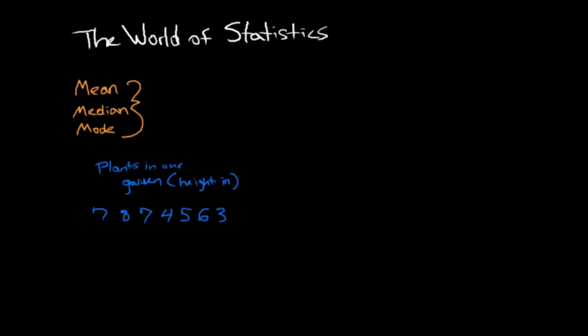So let's say we have this data set, and we want to calculate the median. What is the median? The median is simply the middle value of a data set.